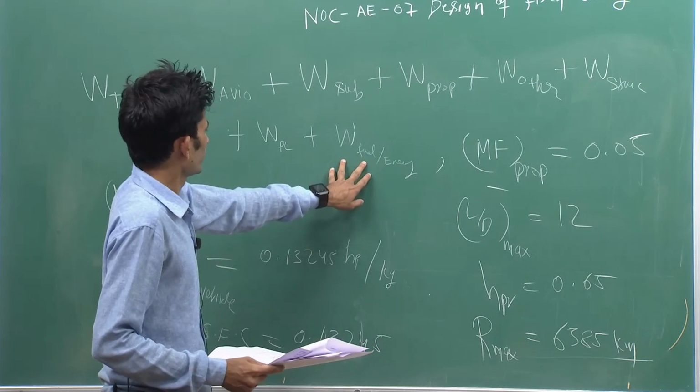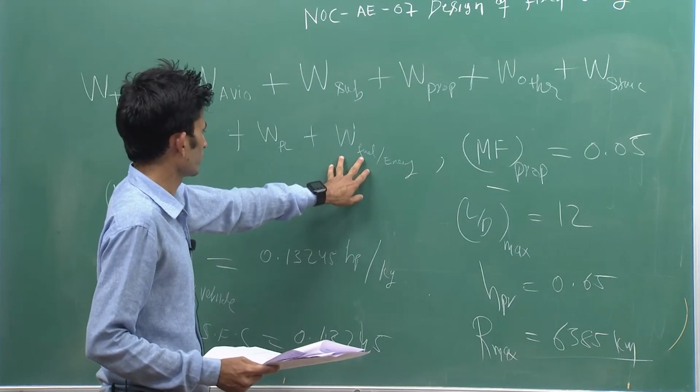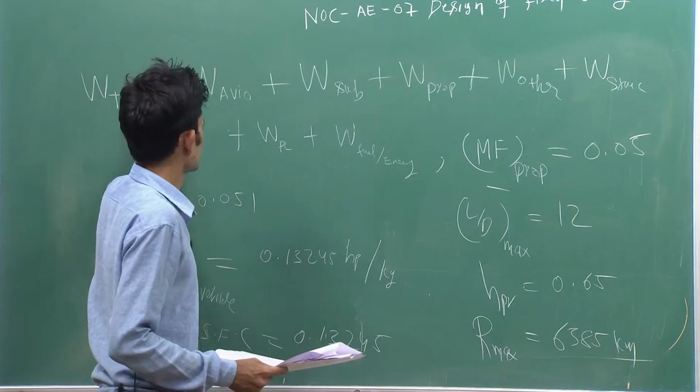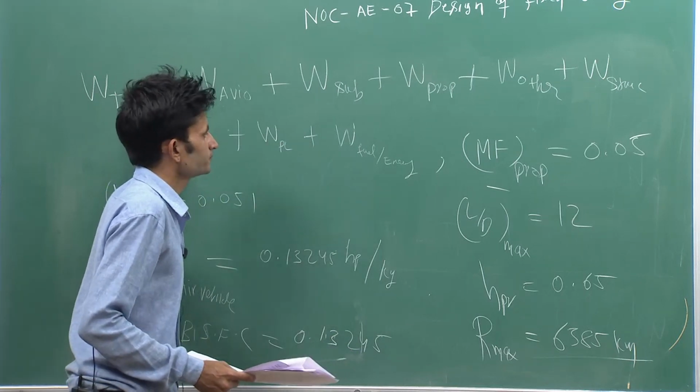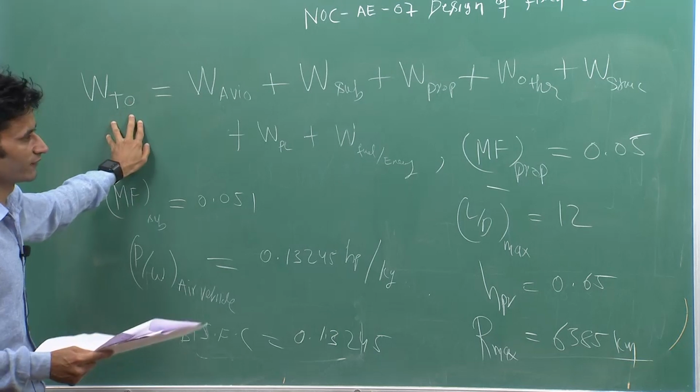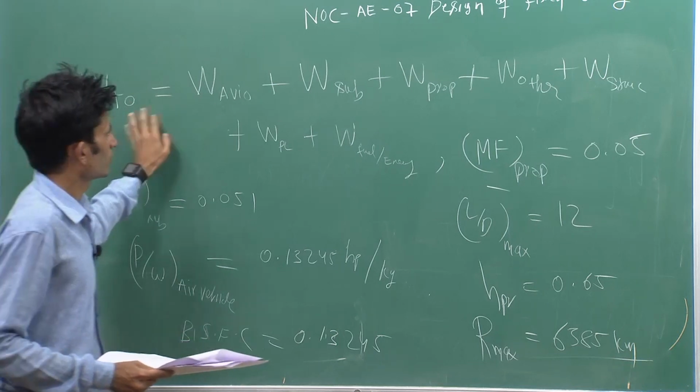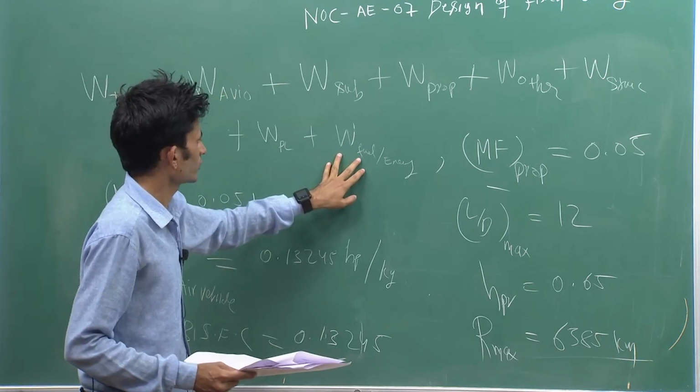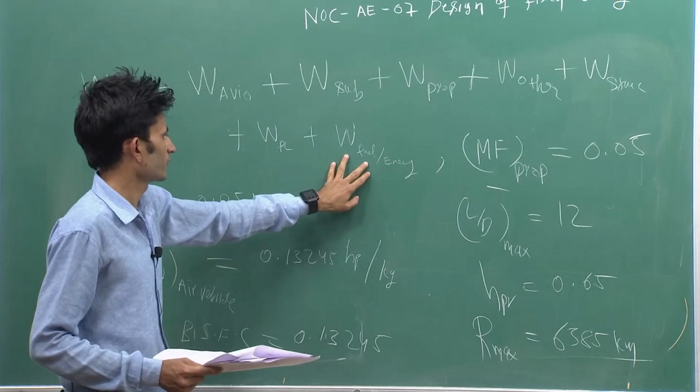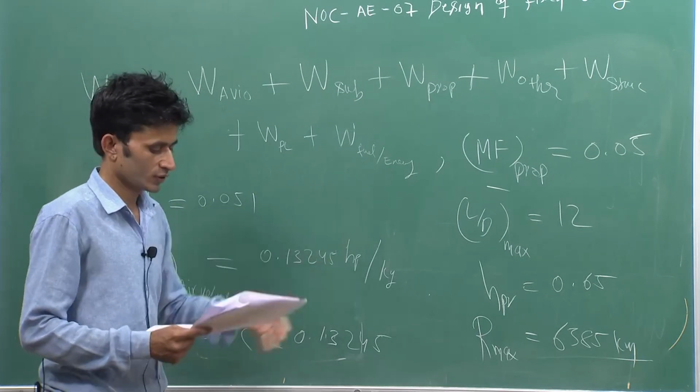Suppose that we know W fuel by W takeoff in this equation, then we can get the takeoff weight. Everything else we know; what we want to know is W fuel divided by W takeoff.